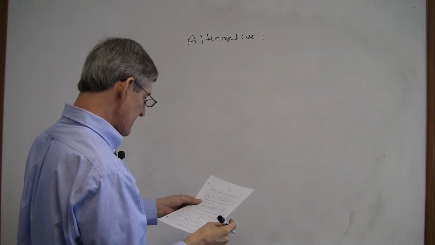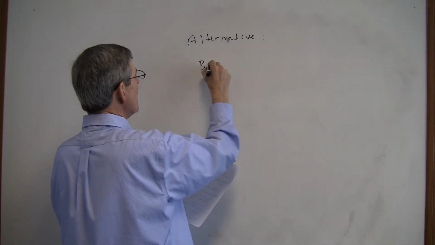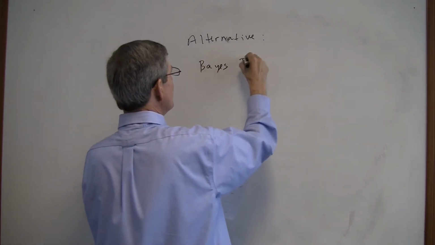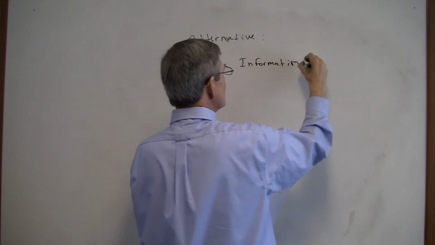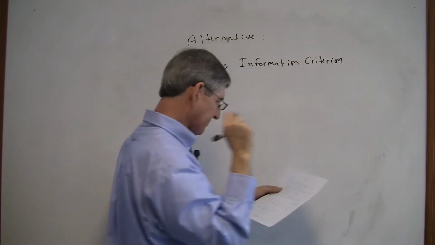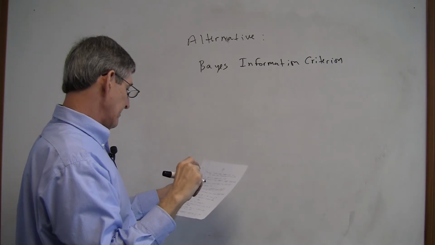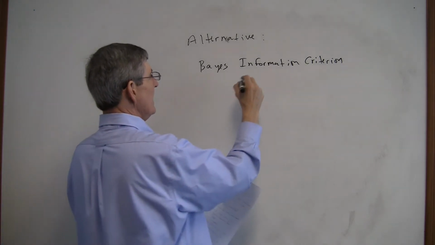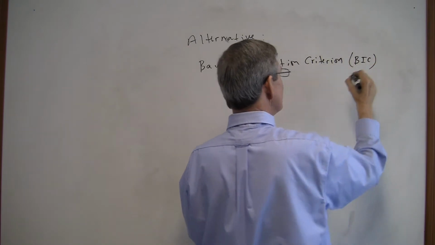The first one is called the Bayes information criterion, and you usually see it as BIC.